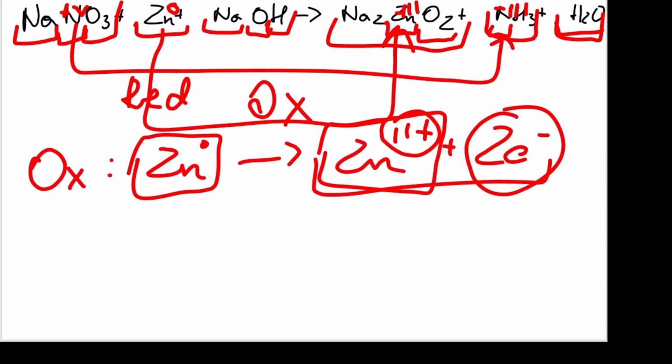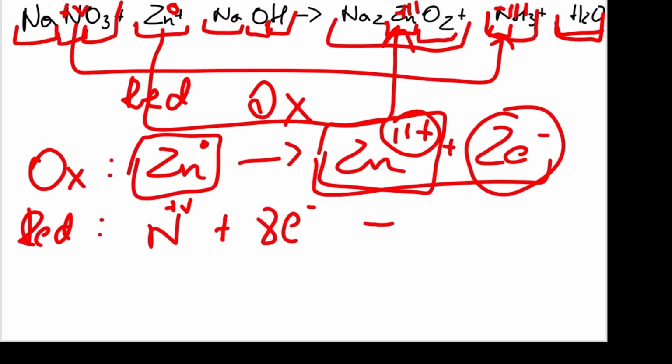Okay guys, so let's write the reduction reaction. Nitrogen with +5 plus 8 electrons, and we obtain nitrogen with the oxidation state equal to -3.